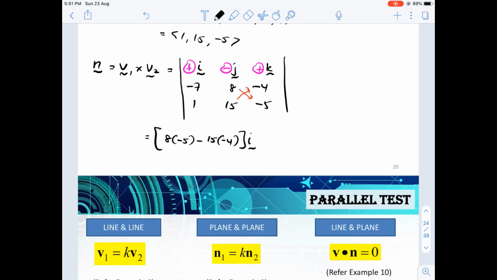Since we have a negative beside the j, we need to put minus here. Open the square bracket. Right now we close the second column and we are crossing the first and third columns. So we have -7 multiplied by -5 minus 1 times -4. This is for j.